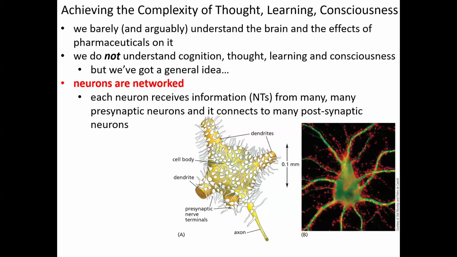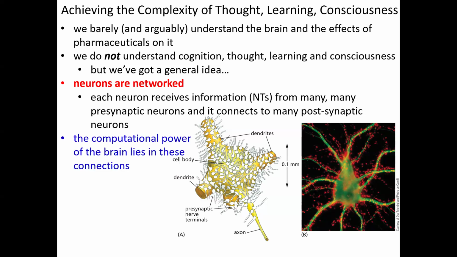And when this neuron fires, its axon terminal becomes one of these squiggles on the next neuron that's receiving information from hundreds of other cells. And so the networking of the nervous system is insanely complex. And because the number of connections is so complex, the computational power of the brain is remarkably complex.